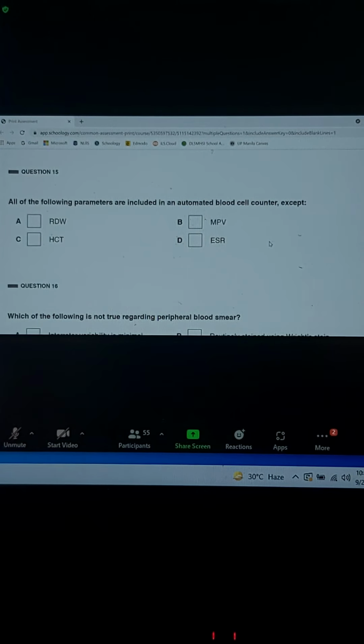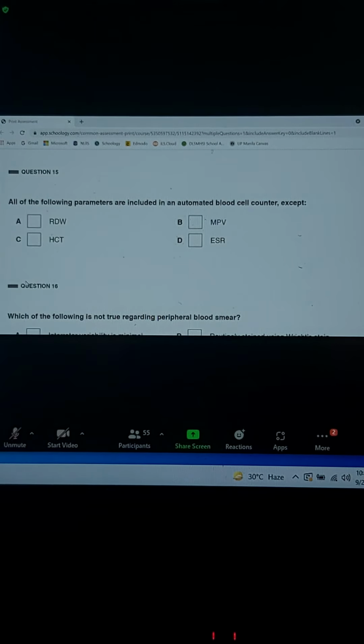O, alin class? Anyone? ESR po. So, ang hindi kasama diyan ay ESR, letter D. Okay, ESR.